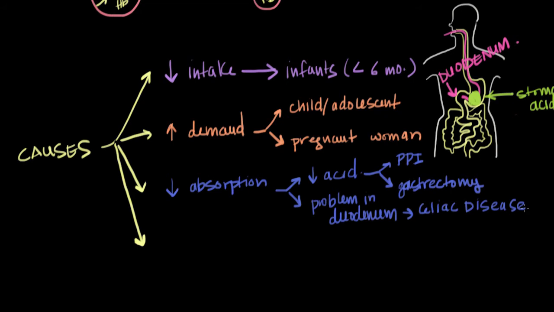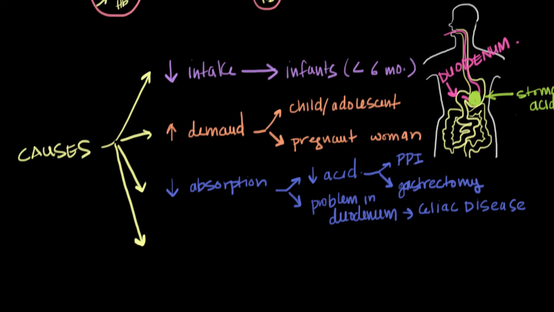When patients with celiac disease encounter gluten in their diet, it leads to an inflammation and a destruction of the cells in the duodenum, so that the duodenum doesn't do as good of a job of absorbing nutrients, including iron. And so that's how patients with celiac disease end up with iron malabsorption, or decreased absorption.